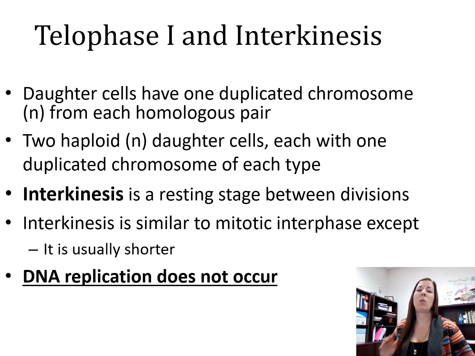Then in telophase 1, you'll see that you have daughter cells that have 1 duplicated chromosome from each homologous pair, and so you'll end up with 2 haploid daughter cells, but you're not done with your work. Even though the goal is to get haploid cells, your sister chromatids are still stuck together at the centromere, and we need to divide again to separate those.